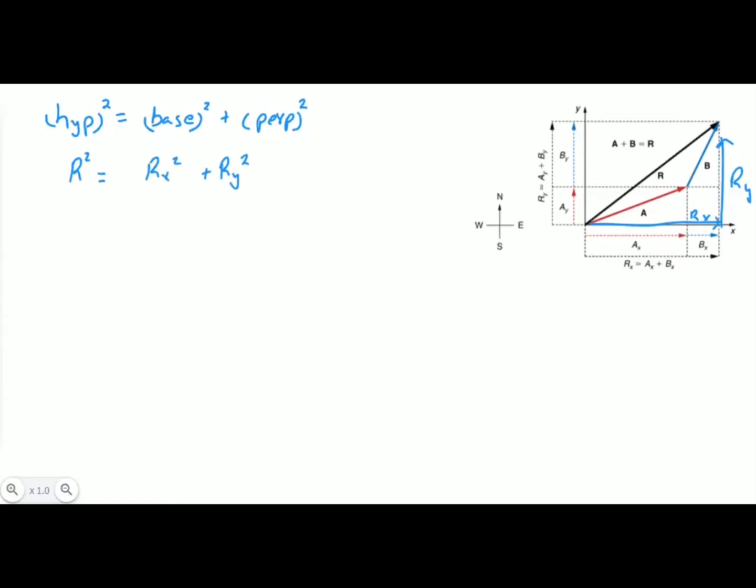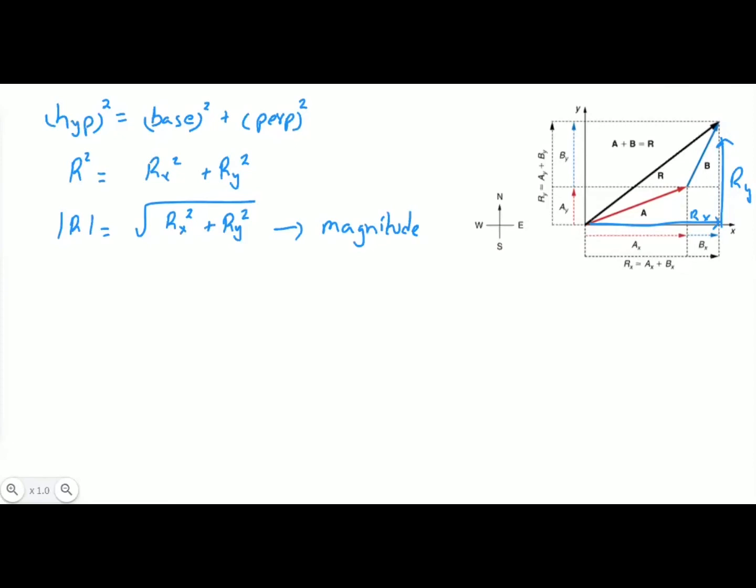And if we want to find out the magnitude of the resultant vector R, then we have to take the square root on both sides. So the resultant will be equal to the square root of RX square plus RY square. By using this formula, we can easily find out the magnitude of the resultant vector R.